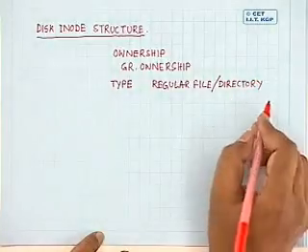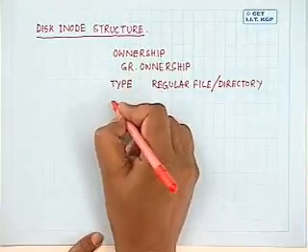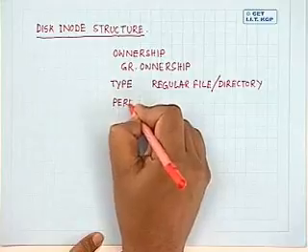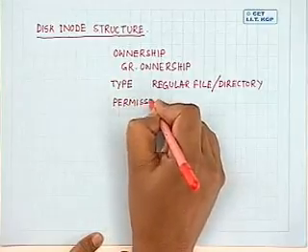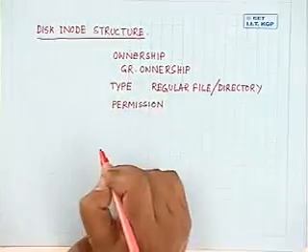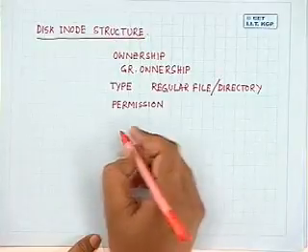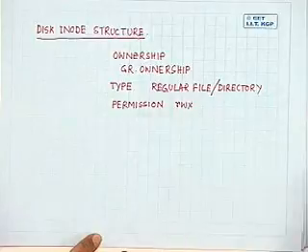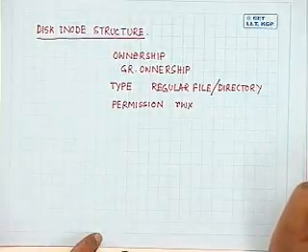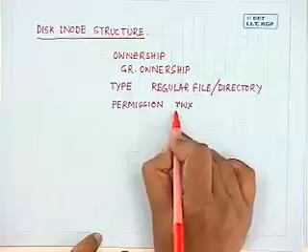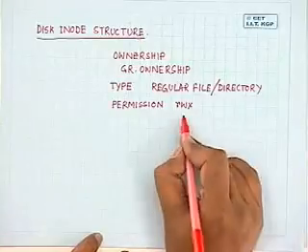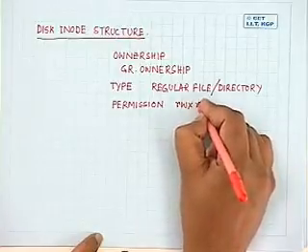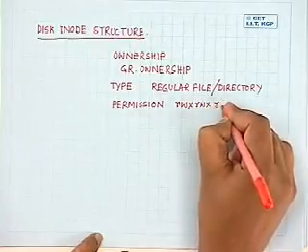Okay. Then we have what is called the permission field. And this permission field is usually specified in the form of read, write, and execute. So whenever you give a directory listing, you might have seen that you get RWX kind of information, and there are three sets of RWX. So I get RWX, RWX, and RWX.